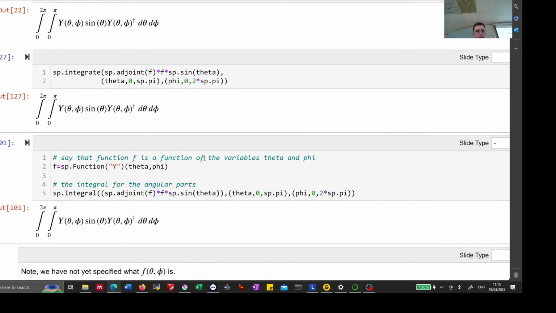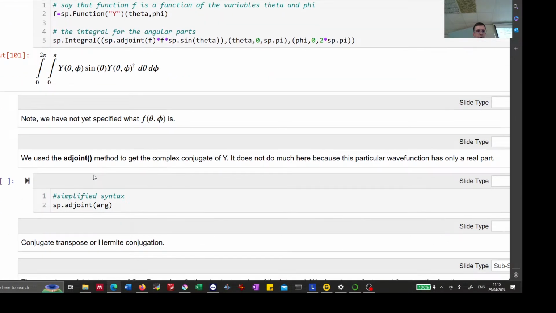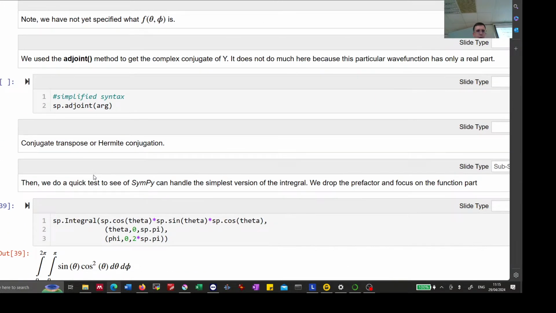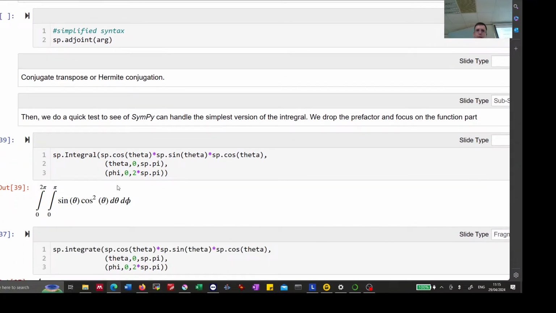Actually, we need this. What else do we have? We had this already, right? The adjoint part, right. So next we can go closer to the actual problem at hand.